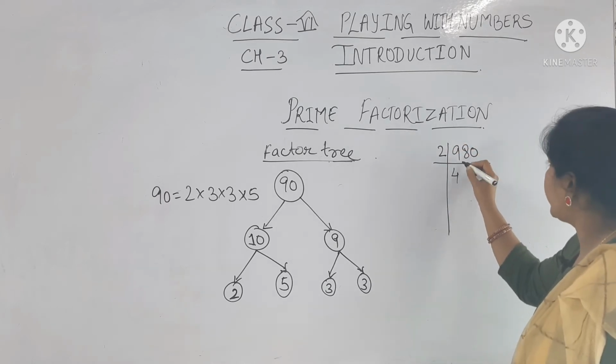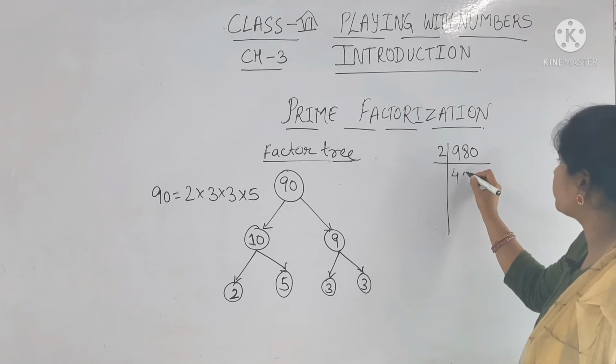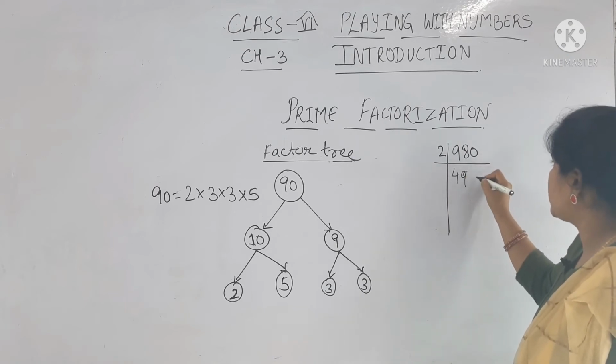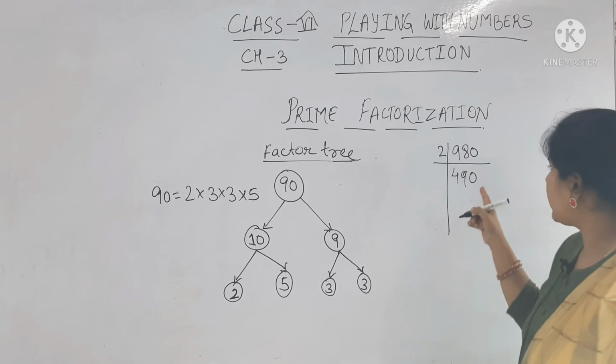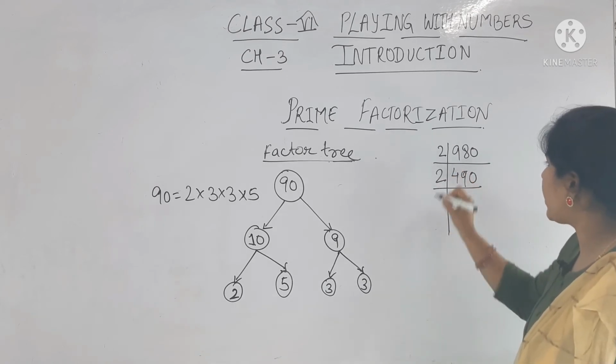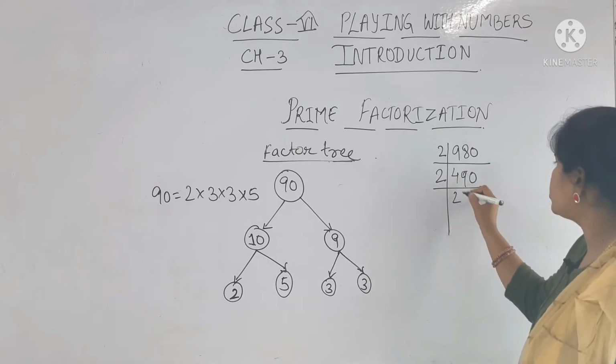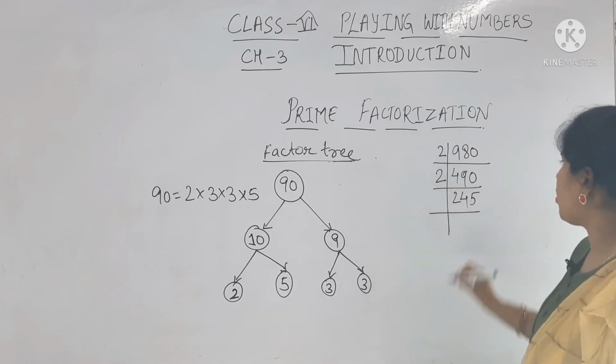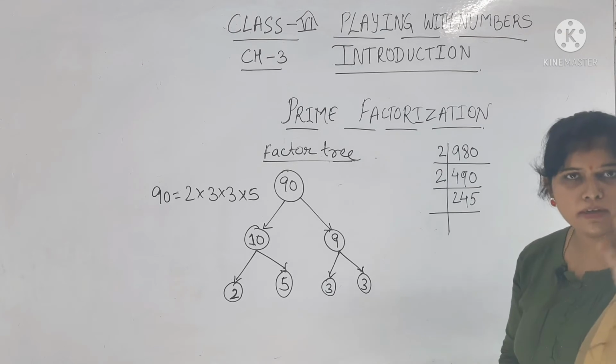2 4s are 8, 1 carried, 2 9s are 18, and 2 0s are 0. The last digit is again 0, so we divide by 2 again. 2 2s are 4, 2 4s are 8, 2 5s are 10. Now after 2 the next prime number is 3.